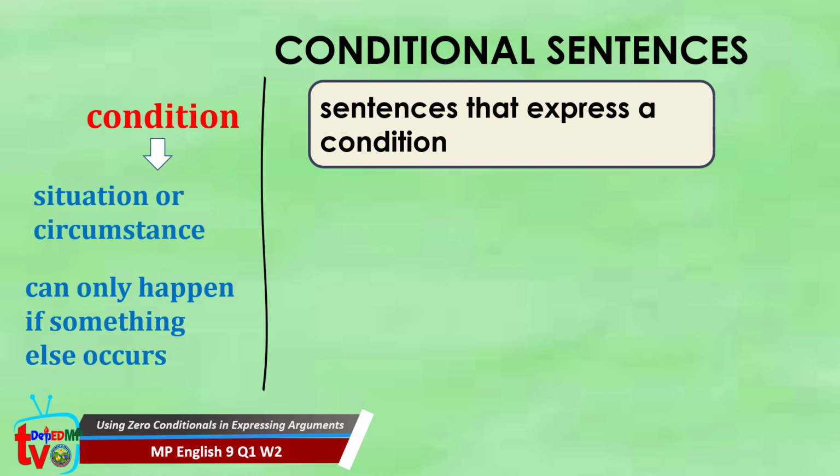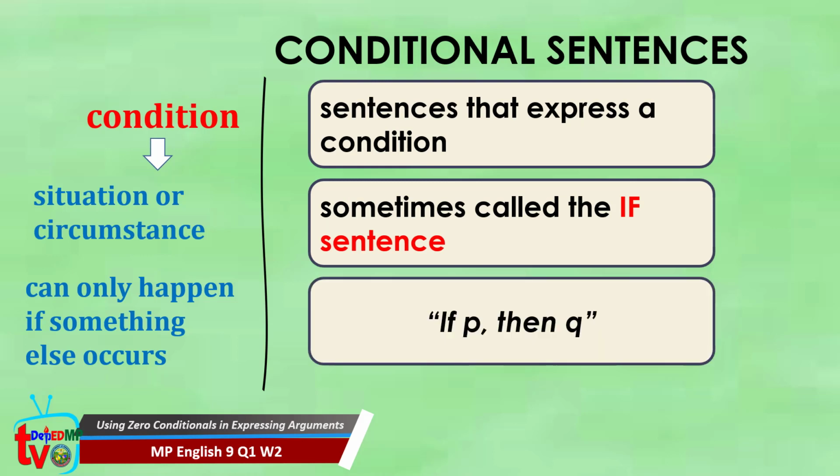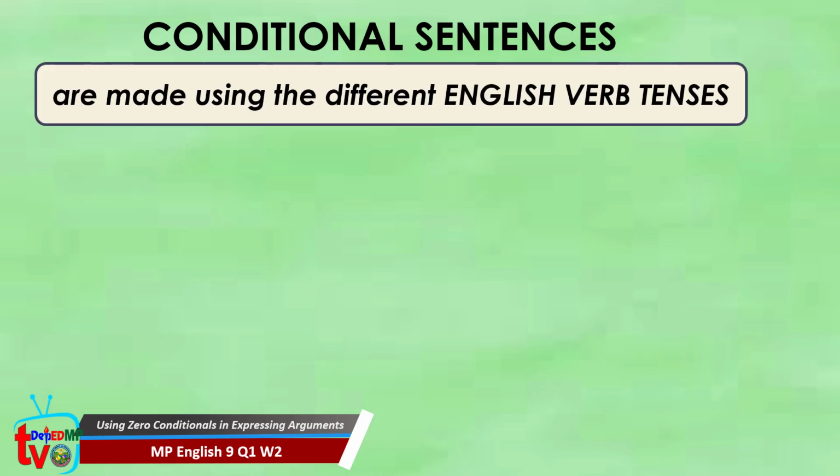Another, conditional sentences are sometimes called the if sentence because there is usually the word if in a conditional. A typical conditional sentence is also expressed as if P, then Q. One more thing, conditional sentences use different English verb tenses.